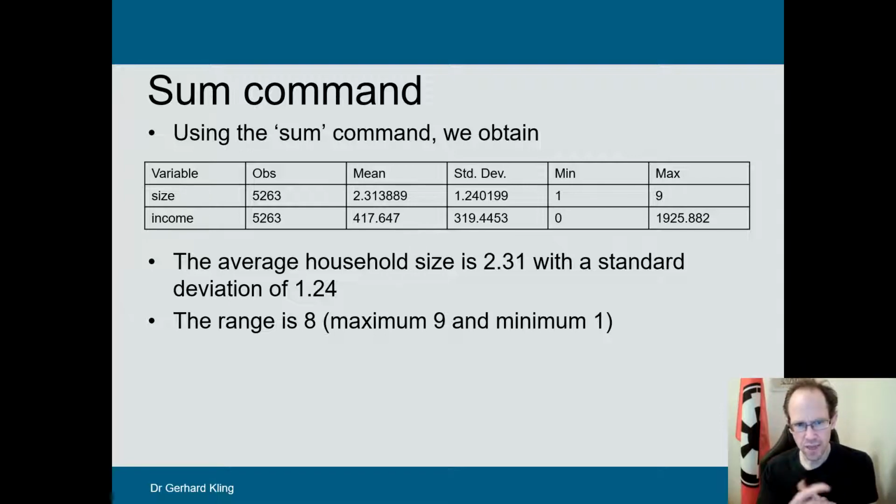So in this table, we have two variables, size, which refers to household size, and income, which is a weekly income measure. We see the number of observations, the mean, the standard deviation, minimum and maximum. It gives you a sense about how these different variables are distributed, and we will see this in a minute.